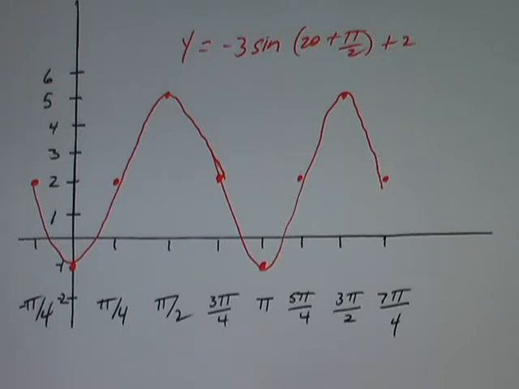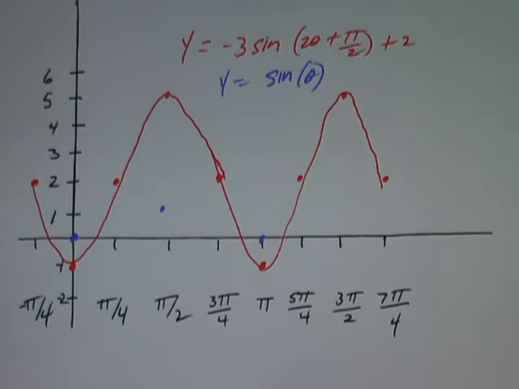I'm going to graph my parent function y is equal to sine theta, just to see how that compares. Okay, so at 0, sine is 0. At pi divided by 2, sine is 1. At pi, sine is 0.